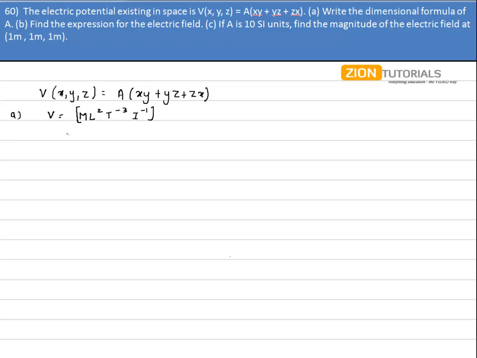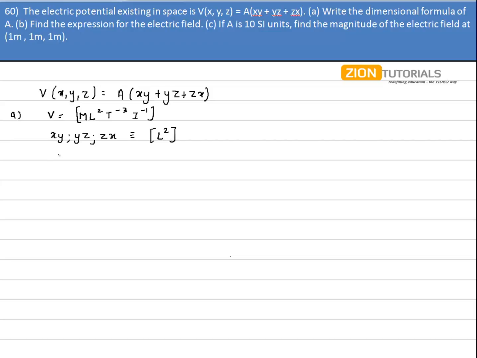On the right hand side we had terms like xy, yz, zx. The dimensional formula for these terms will be L^2, because x is length and y is length.